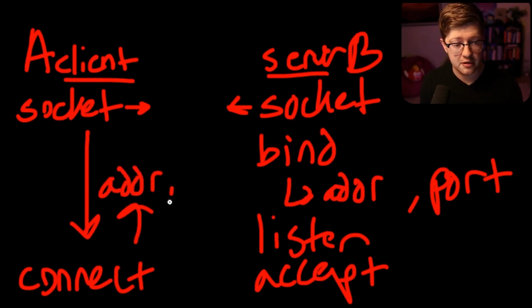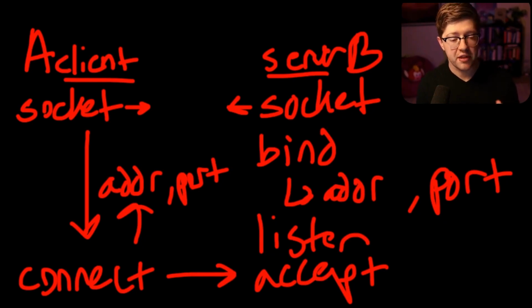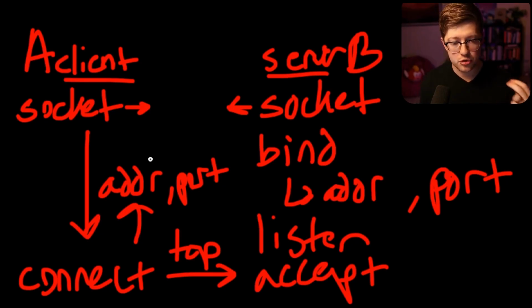Very good guess. And the address and the port will be the same as this address and port, right? It'll be the address of the server. And the connect is going to connect to the accept. Once that is done, the connect call actually initiates that TCP connection we're talking about, the SYN, SYN-ACK, ACK. And once this has all happened, we now have an established TCP connection with two file descriptors.